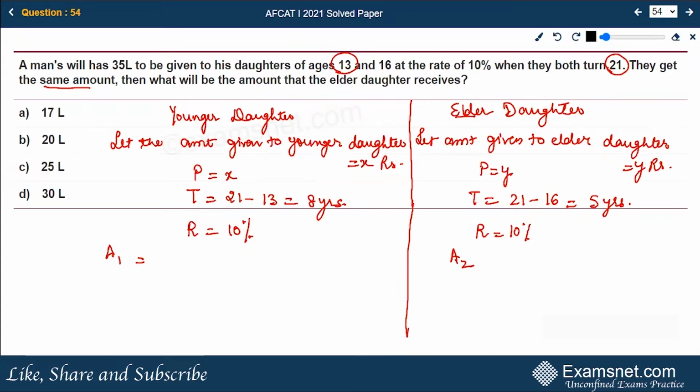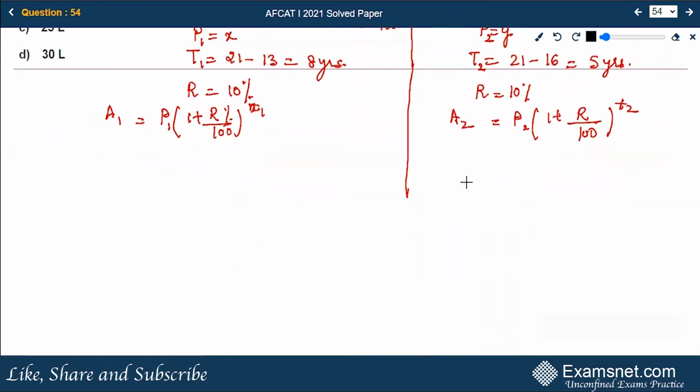This is given by the formula principal into (1 plus rate of interest upon 100) raised to power time. The same formula will remain the same. You can say P1 or P2 over here. We are giving them different names. So this is T1, T2. Rate is same. Let's fill in the values now.